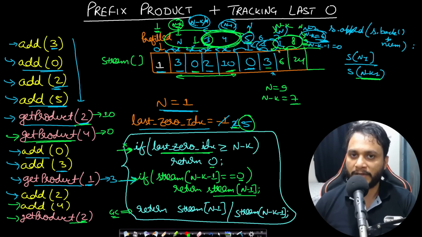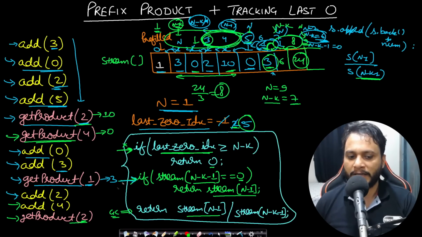So the product definitely will not become 0. Now look at the special case: at n minus k minus 1, is there a 0? There is no 0. That means I have to go with the usual technique of taking this and dividing by the value at n minus k minus 1, right? So take this 24 and divide it by 3, the answer will be 8, and that is how 8 will come as a result.